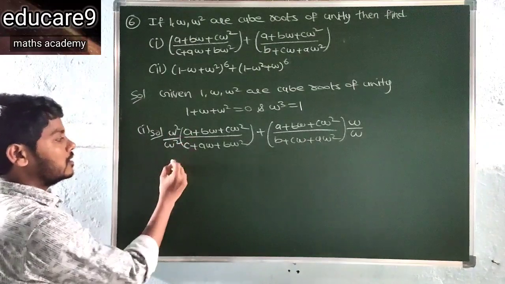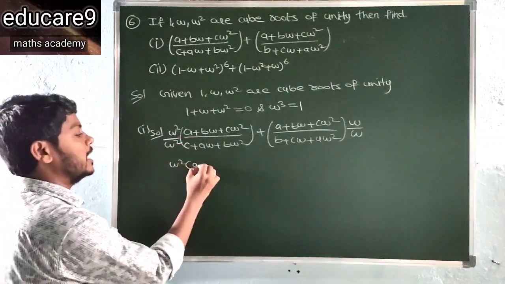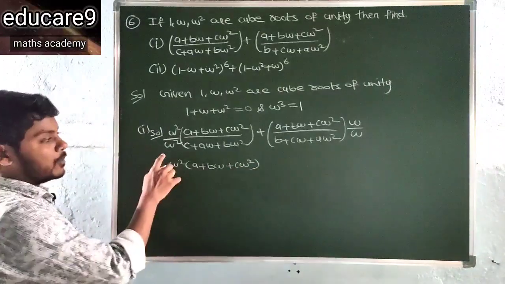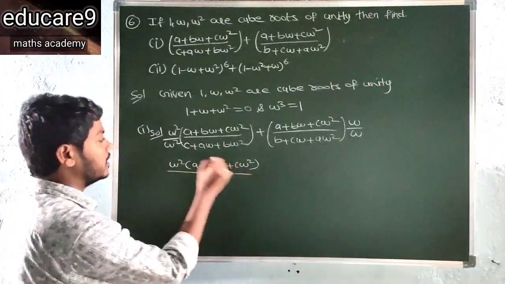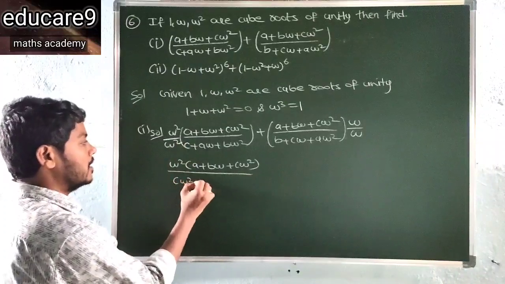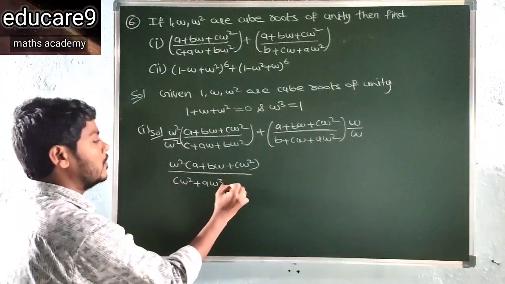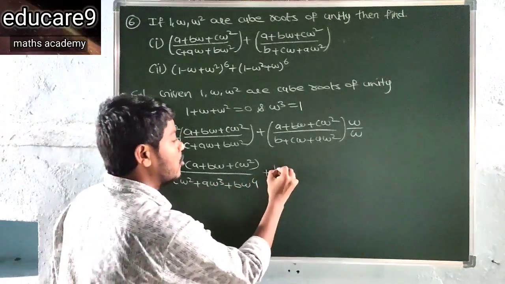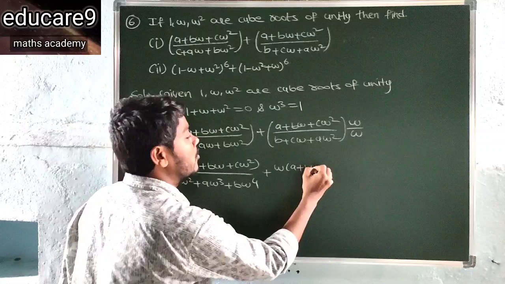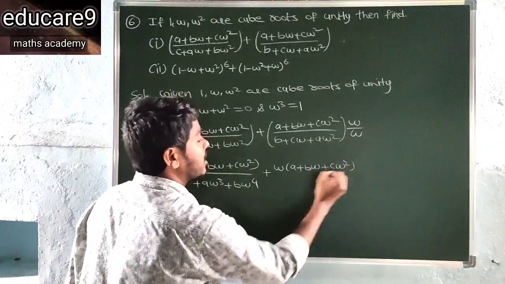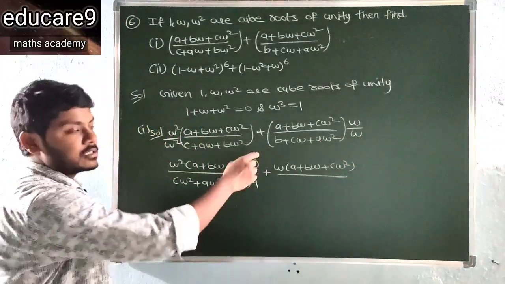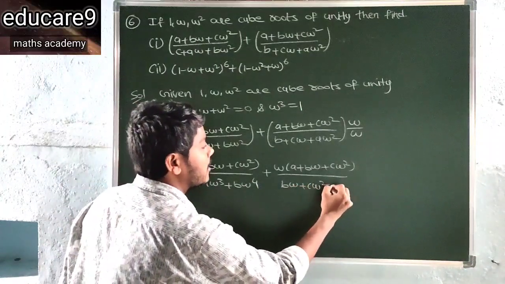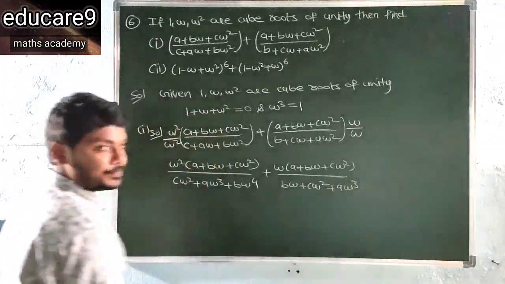Now see here, this is omega square into a plus b omega plus c omega square. So multiplying omega square inside, what you get, c omega square plus a omega cube plus b omega power 4, and this one omega into a plus b omega plus c omega square, and multiplying omega inside, what you get, b omega plus c omega square plus a omega cube.